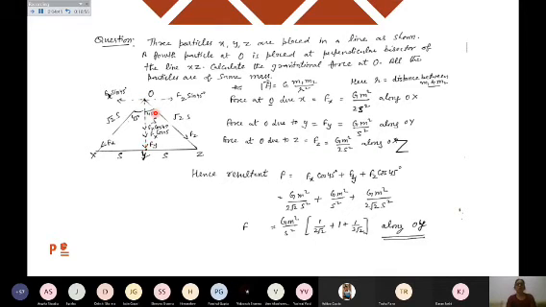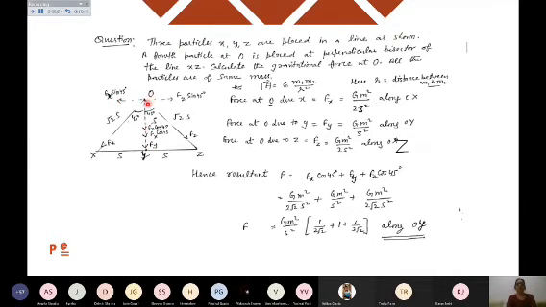Now the resultant force, when I have to find it, F is the resultant force. I know this is a perpendicular bisector, this angle is 45, this is 45. I can resolve Fx into components. So when I am resolving, Fx cos 45 will come along this direction, Fx sin 45 will go along this direction.